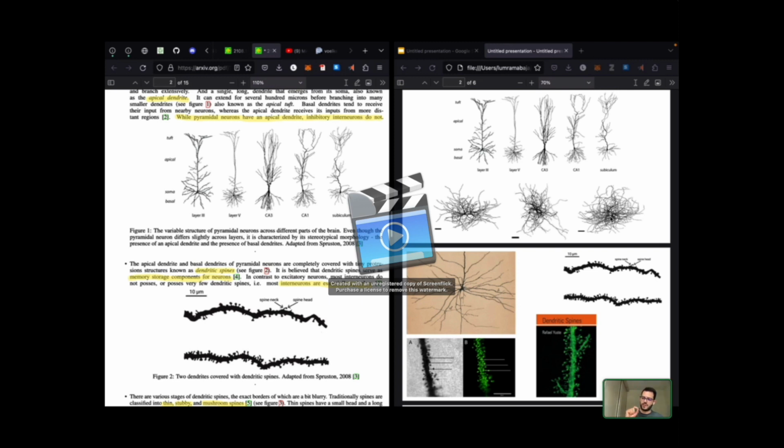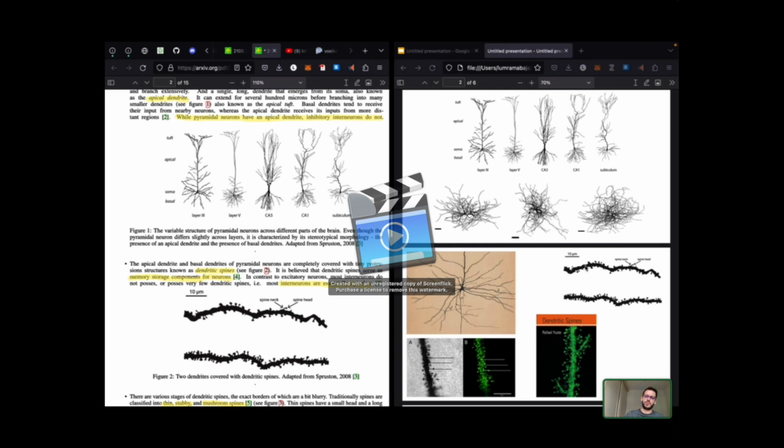For example, if an excitatory neuron, like the pyramidal cell, has its axon form a synapse with another pyramidal neuron, it will always form the synapse on top of a dendritic spine, always. That's an interesting observation.